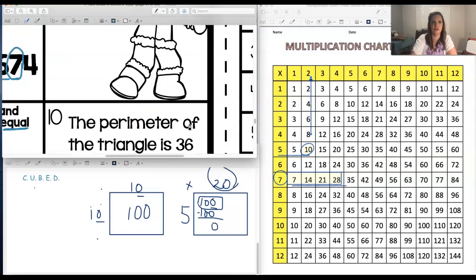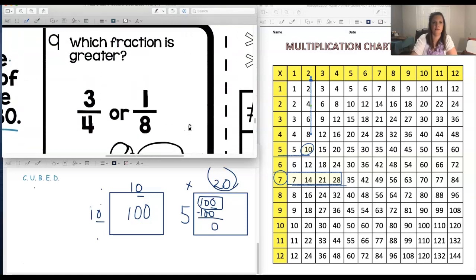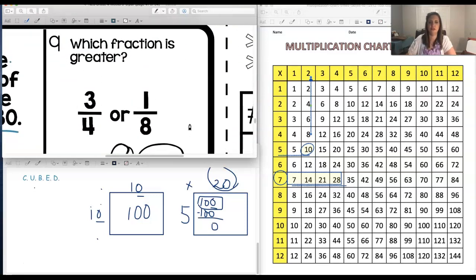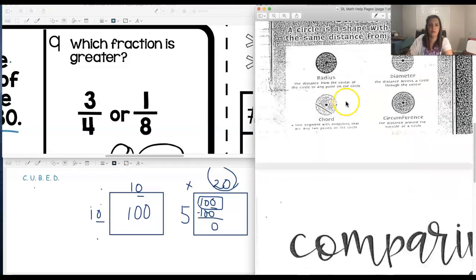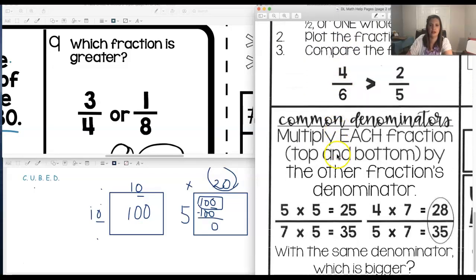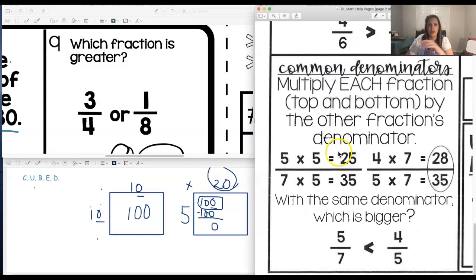Let's go up to question 9. Which fraction is greater? Now remember that I can't compare the fractions if they have different denominators. And you have a math help paper, and we've watched a video, on how to compare fractions. If the fractions have different denominators, you're multiplying them by the denominator of the other number.